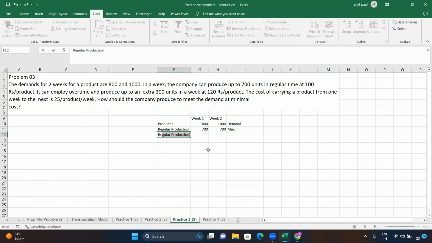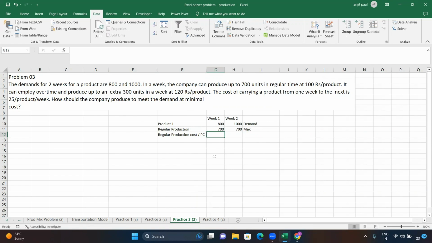And what is the cost? The cost is 100 rupees per piece. That is the regular production cost.